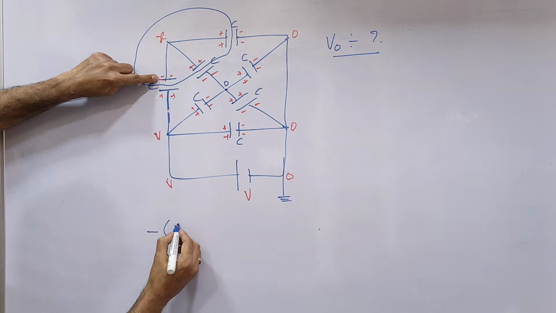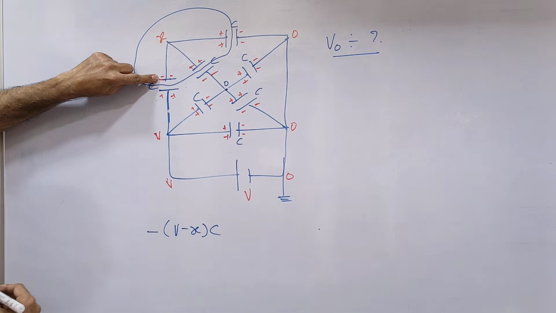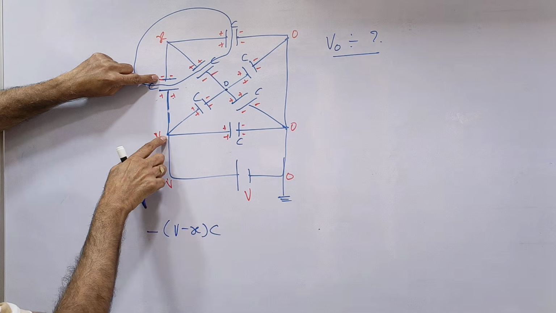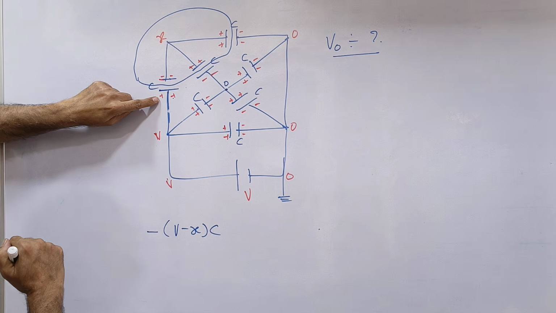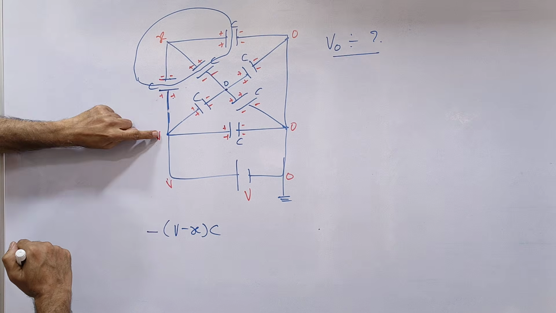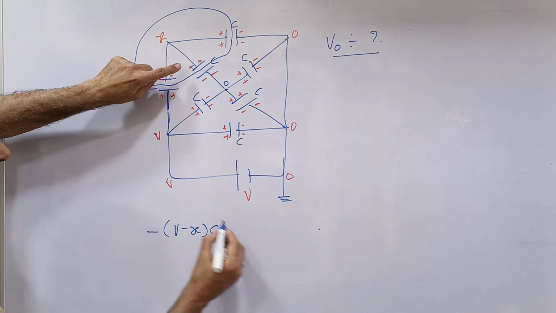What is the charge on this plate? V minus X into C. Why will you take V minus X and why will you not take X minus V? Because you assumed this as the positive charge, so this is at higher potential than this.